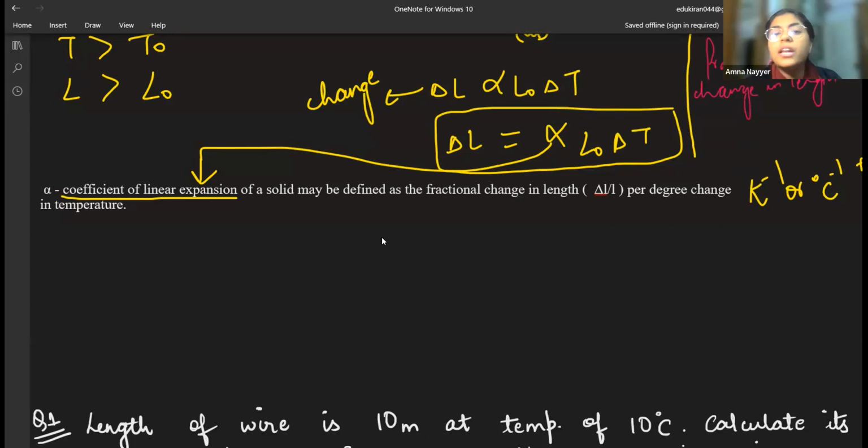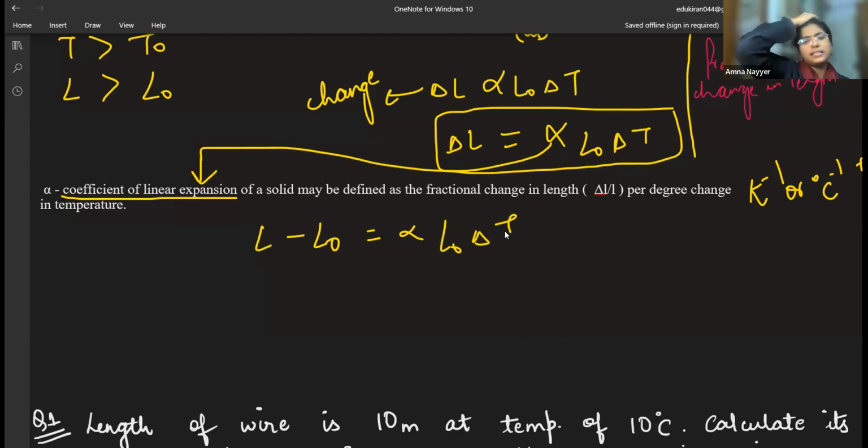How do you ever write change? Final minus initial, that's how we write. What is the final quantity? The new length that has been achieved. And what was the original quantity? That was the original length of the rod. So L minus L naught is equal to alpha L naught delta T.